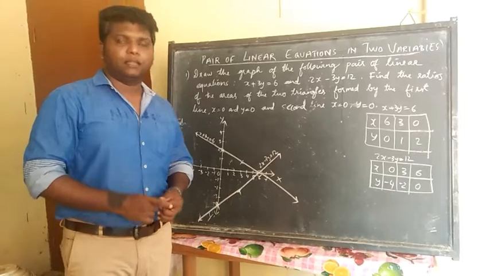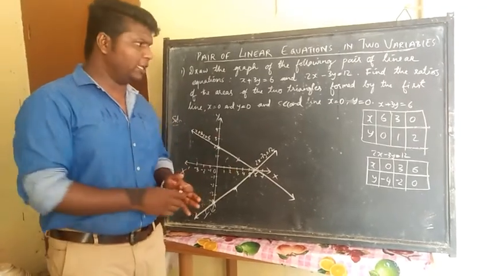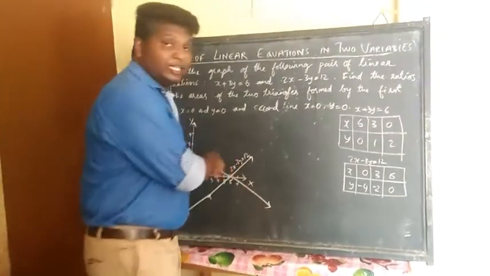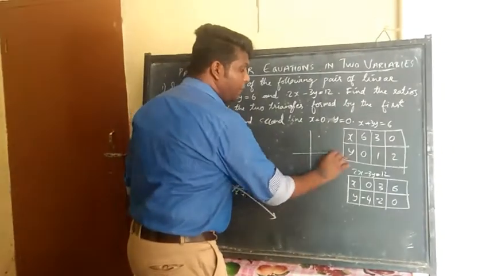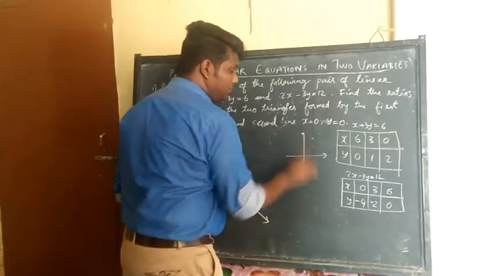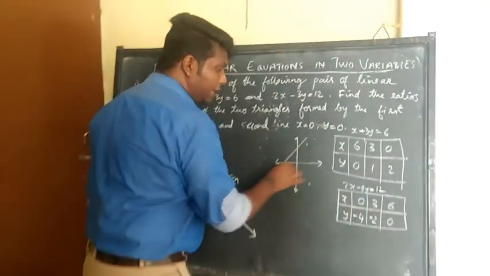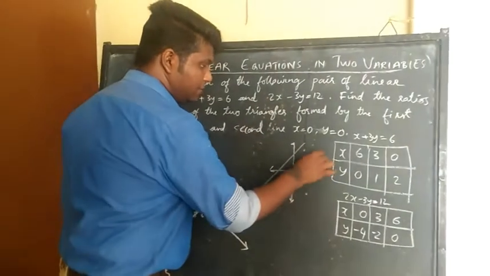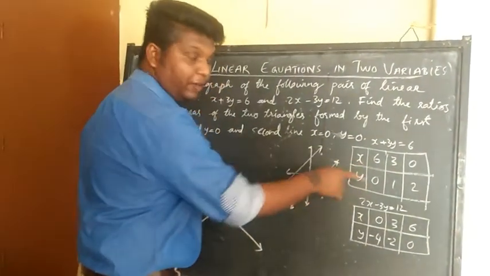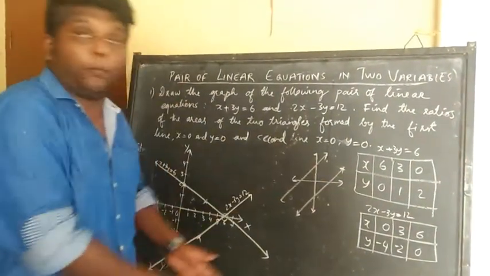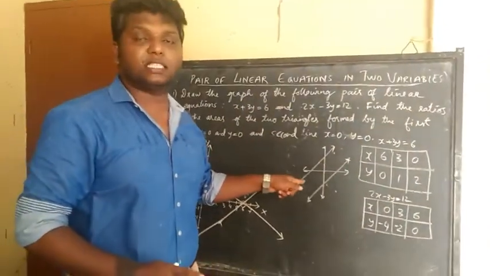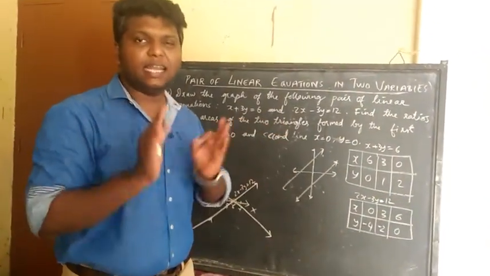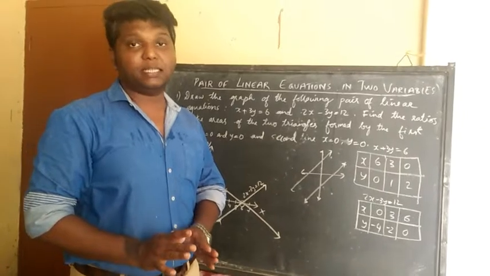Here, this same question, they can ask like this: while plotting the graph, there are three possibilities. One is this one, they may coincide together. Another one is that if you are plotting two different graphs and you got two parallel lines going together, at that time you will write, this system of equations is inconsistent.